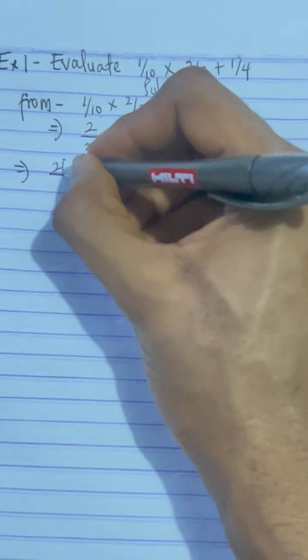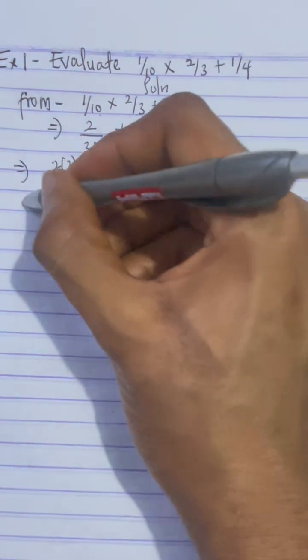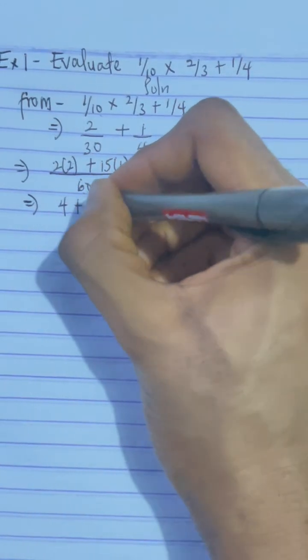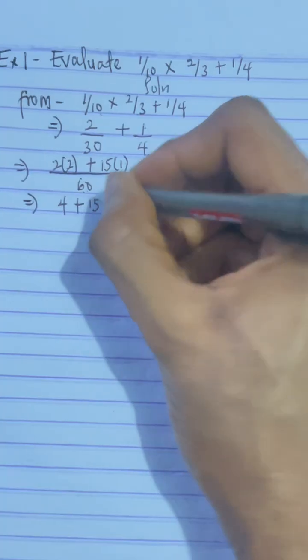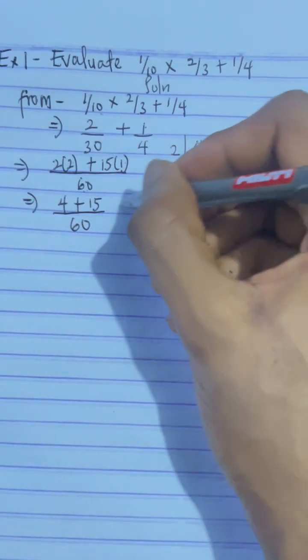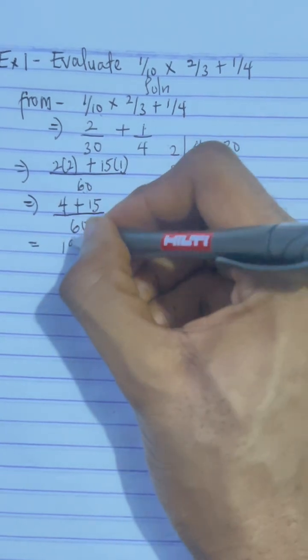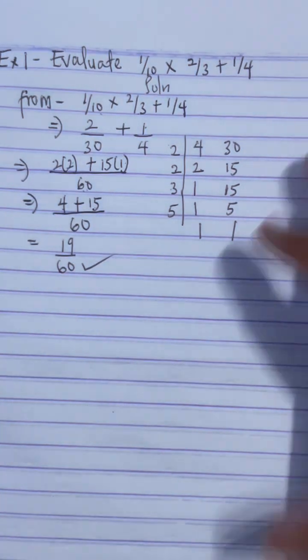So the 2 multiplied by 2 that we have here. Which implies 2 times 2 is 4, plus 15 times 1, that is 15 over 60. So our final answer: 4 plus 15 is 19, so 19 over 60. That's our final answer.